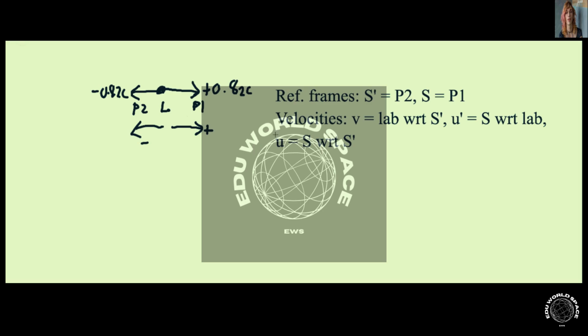So basically the velocity we're interested in is U, which is the velocity of particle 1 with respect to particle 2. And so V would be the velocity of the lab with respect to particle 2, and U prime would be the velocity of particle 1 with respect to the lab, right?